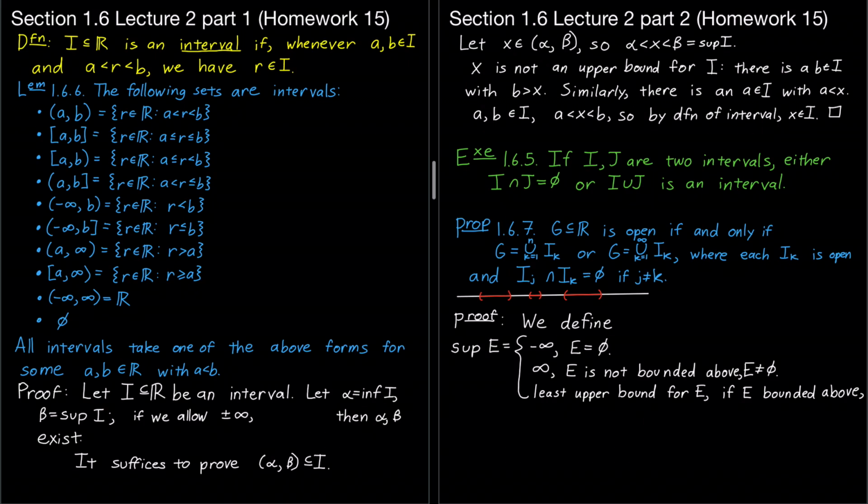Notice the empty set, you pick any number you want. It's bigger than all the elements of the empty set. There aren't any elements in the empty set, so none of them can be bigger than the one you want. So every real number is an upper bound for the empty set. Therefore, the least upper bound, if you allow yourself infinity, is indeed minus infinity.